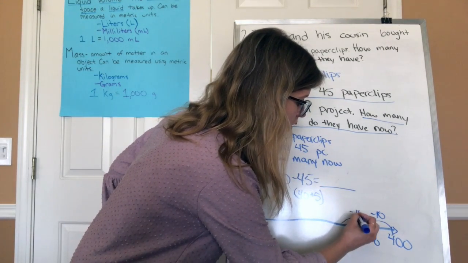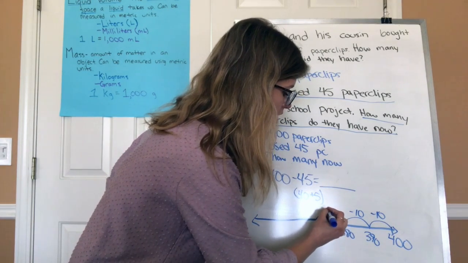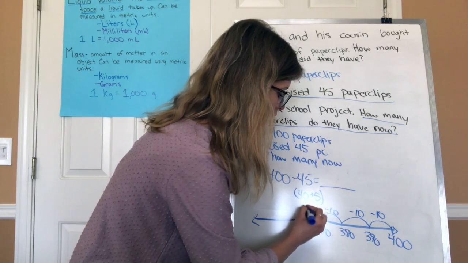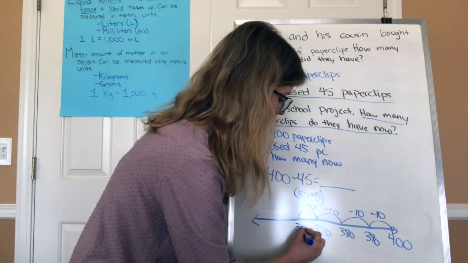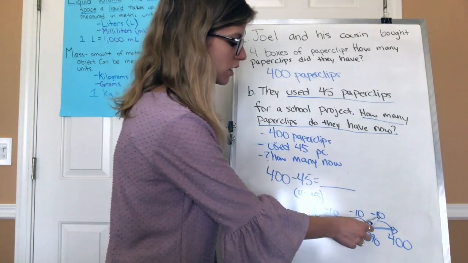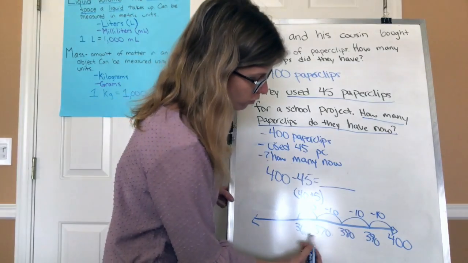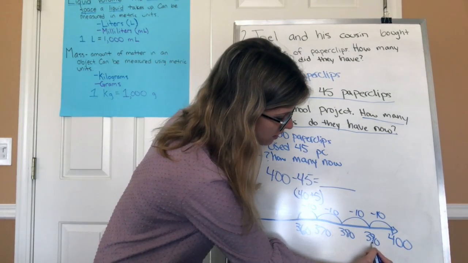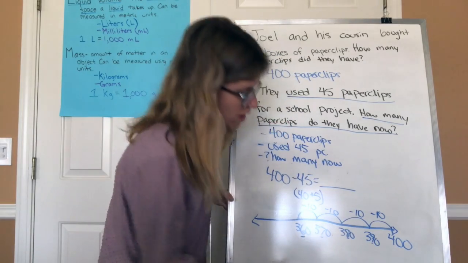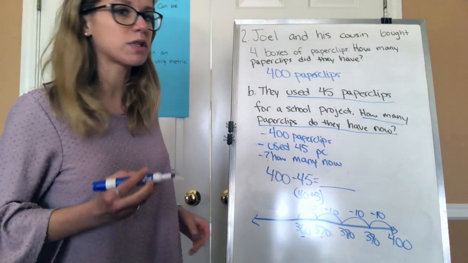Then I'm taking another 10 away, which would be 380, minus another 10, which is 370, minus another 10, which would be 360. And you could have taken away 40 all at once, but the reason that I did minus 10 4 times is that way I'm able to see really clearly minus 10, minus 20, minus 30, and then minus 40. That way I'm making sure that I'm keeping track, making sure I'm not making any mistakes.